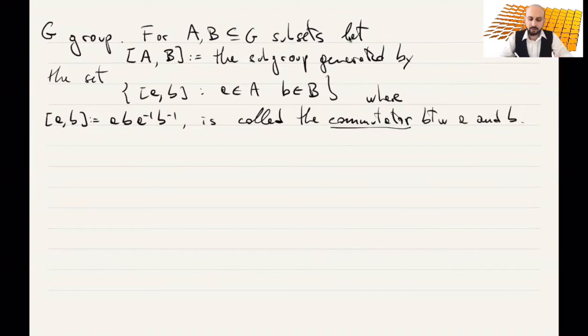Okay, so the set of commutators of A and B defines a subgroup, and this is how we denote it.